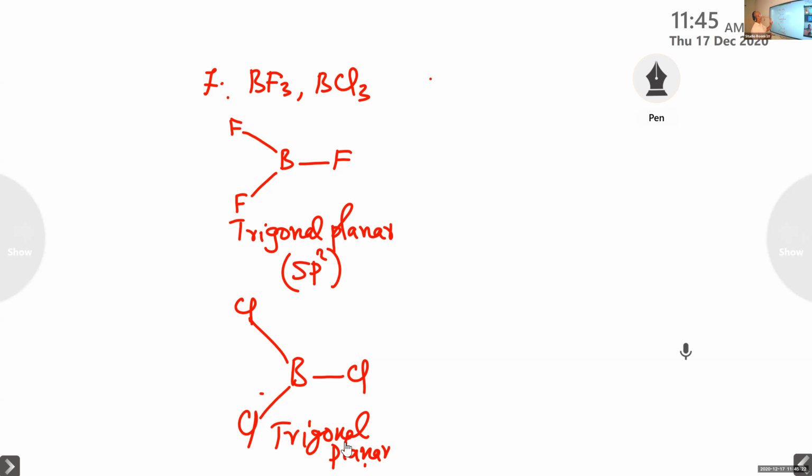That means boron has not completed its octet, and such a molecule is an electron deficient molecule. That means the central atom has not completed its octet. It is in need of 2 more electrons to complete the octet. So it is an electron deficient species.